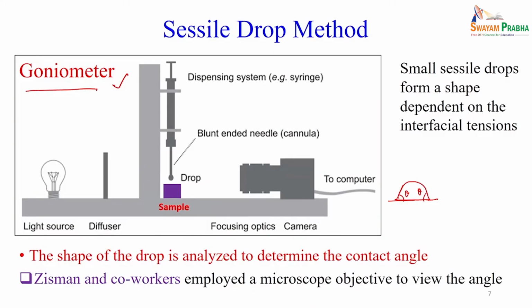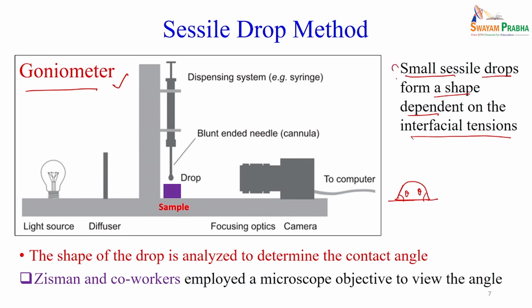As we discussed, the formation of a drop is related to the surface tension, but if there is a bigger drop, there will be interference of gravitational forces as well. So, we typically go with a small drop, which forms a shape that depends on the interfacial tensions.